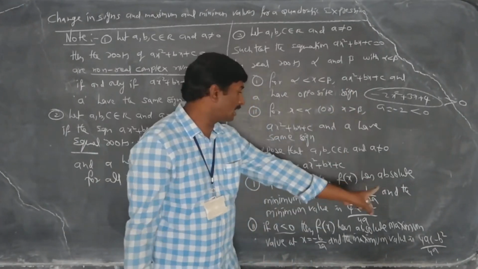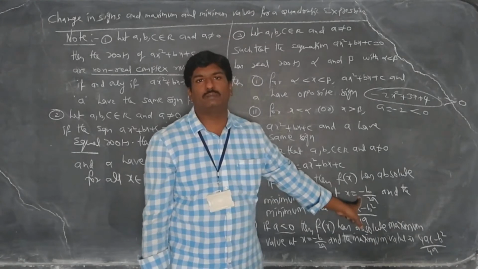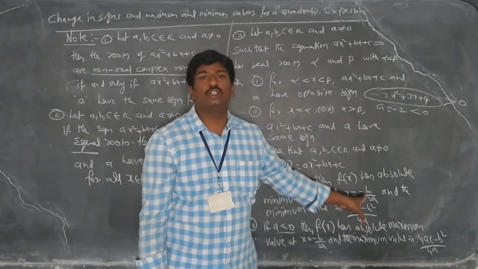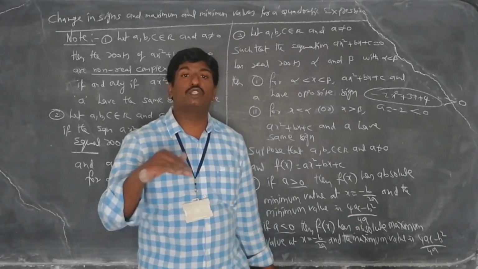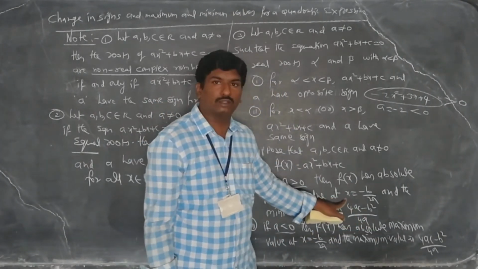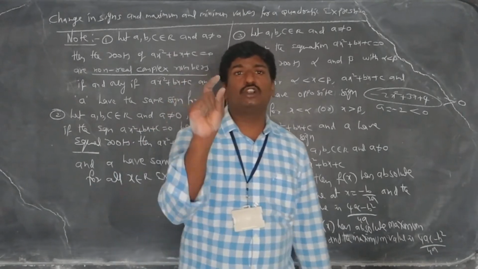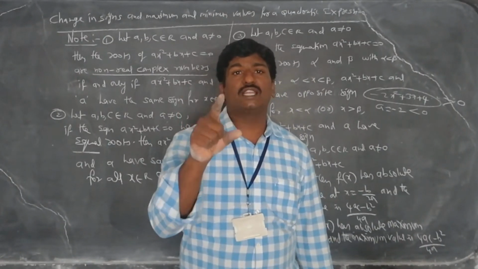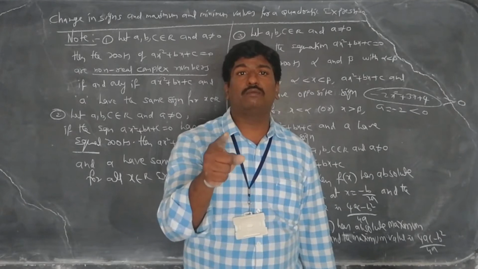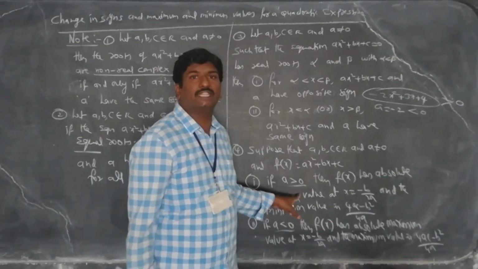At which condition? At x equal to minus b by 2a. You have to find out this value of x. At x equal to minus b by 2a, the function has an absolute minimum value when a is greater than 0.